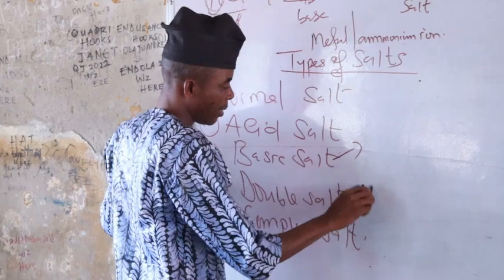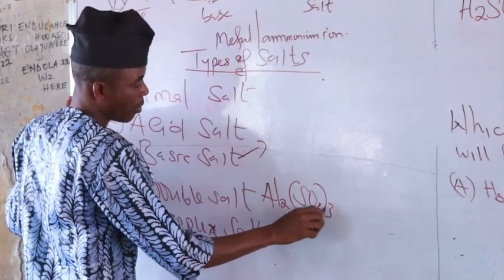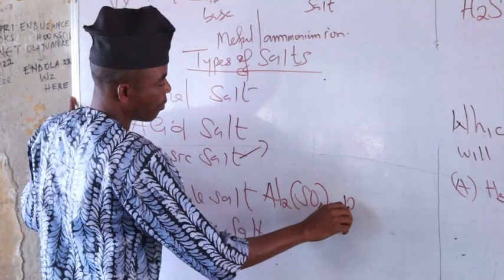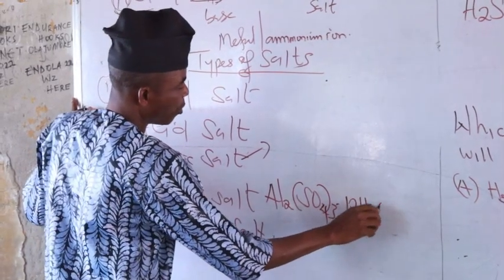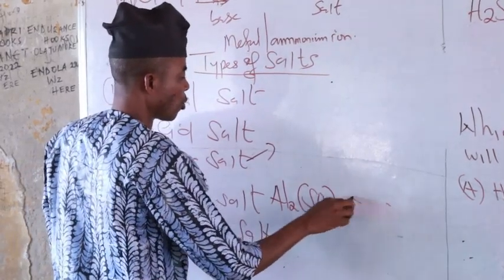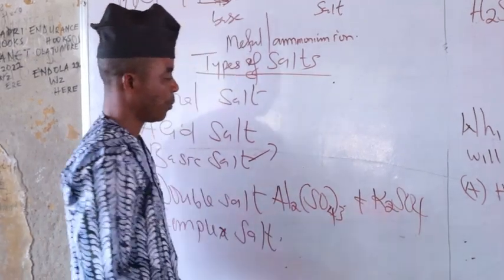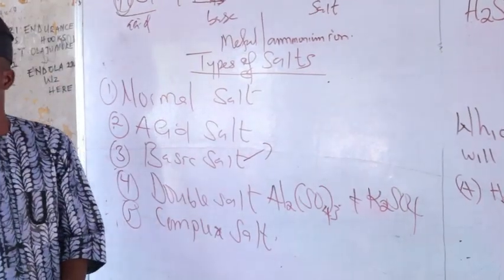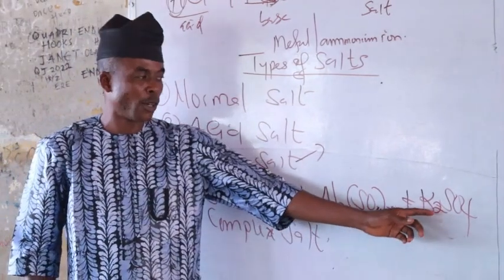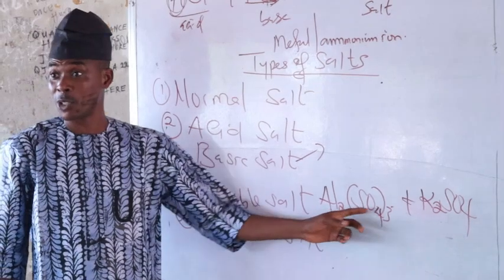I have Al2(SO4)3.12H2O, or let's say this one, together with K2SO4. We look at these salts. We have potassium sulphate and this is aluminium sulphate.